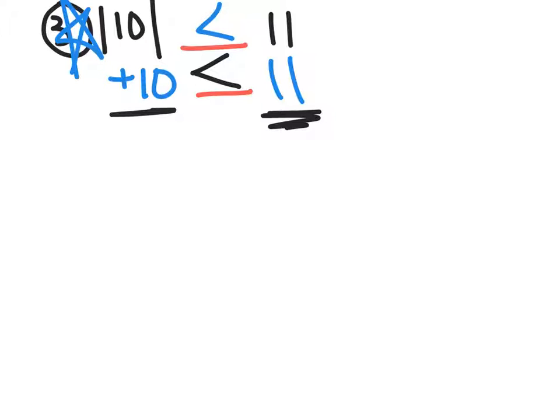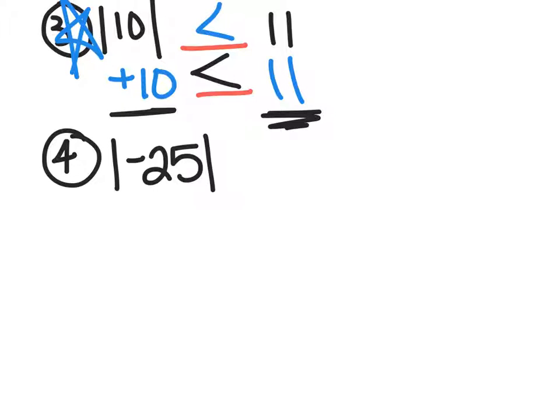Okay, let's try another one. Number 4. Okay, would you rather, so here is the absolute value of -25, okay? We're going to compare that to the absolute value of 26. Okay, so go ahead, take a minute.